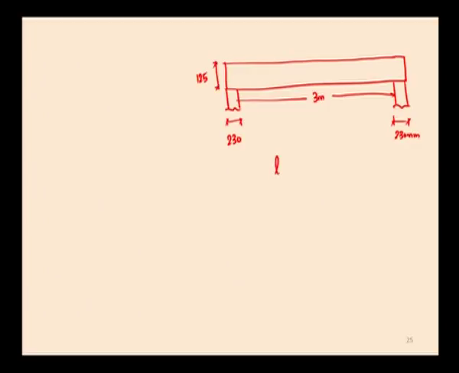Now, to find out the effective span LEF. First one is the center to center distance between the supports. This is the center of the support and this is the center of another support. It is 3 plus 0.23, that is equal to 3.23 meter.